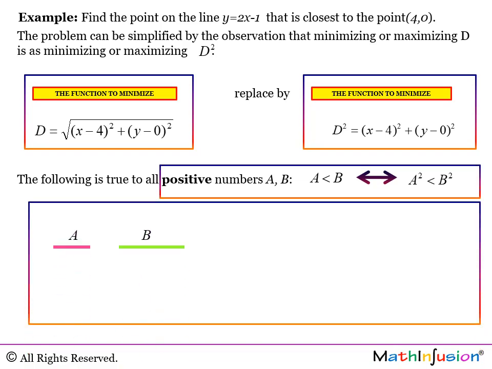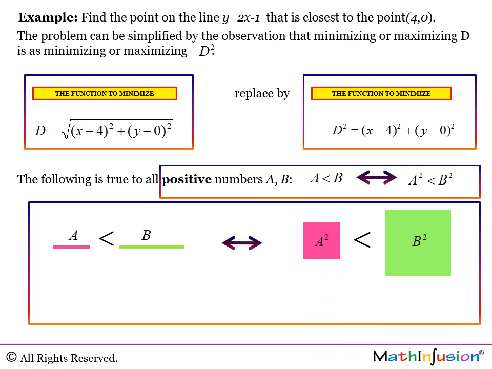I can show you that. Because a and b are non-negative, and let's assume in this case that they are even positive, if you have two lengths, line A has a length of a and the other one has a length of b, then we are just going to build a square on those lines.